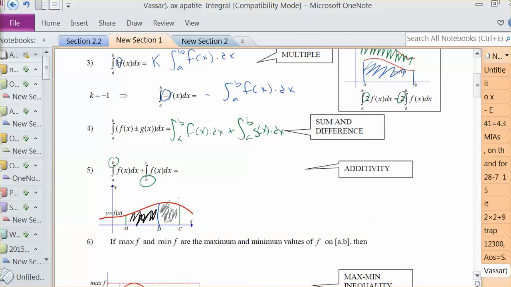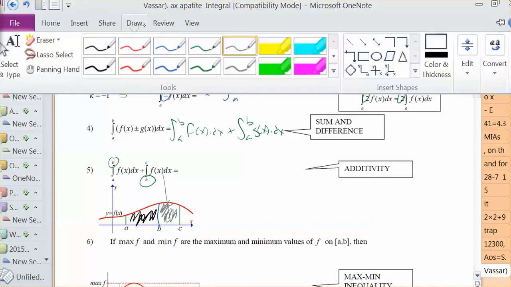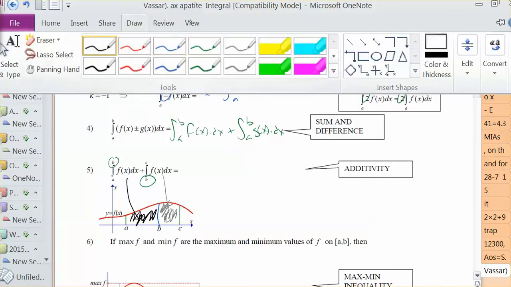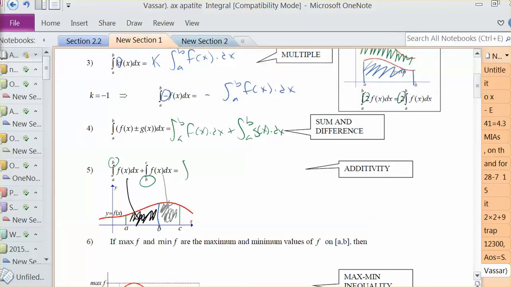So this, of course, is that area, and that, of course, is this area. So I could just combine the two and just say, oh, I'm integrating from A to C. So it's called additivity because they link up at B.